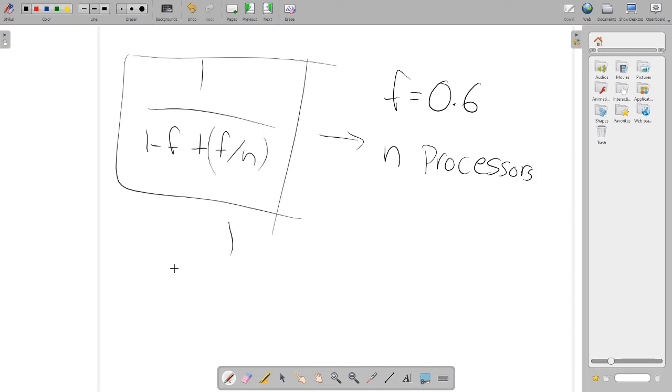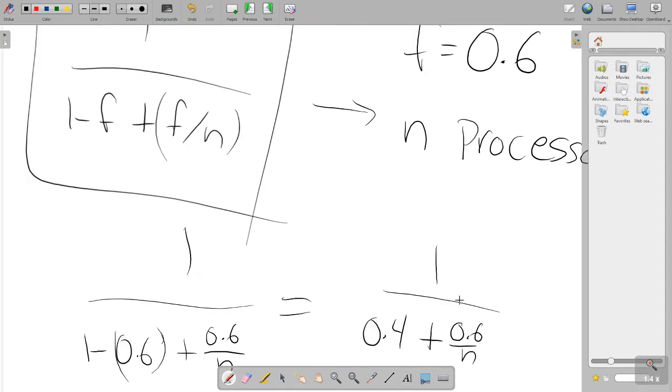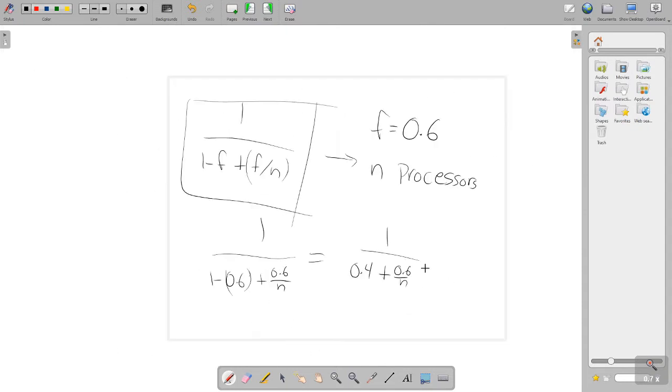So then we know we're going to get 1 over 1 minus 0.6 plus 0.6 over n speed up. If we simplify that, 1 minus 0.6 is 0.4, so we get 1 over 0.4 plus 0.6 over n, and we'll leave it like that for now.